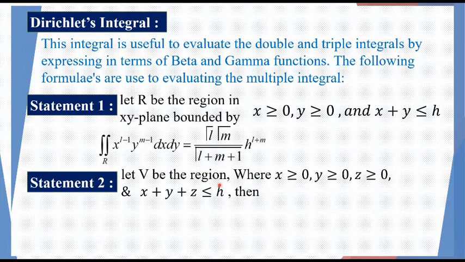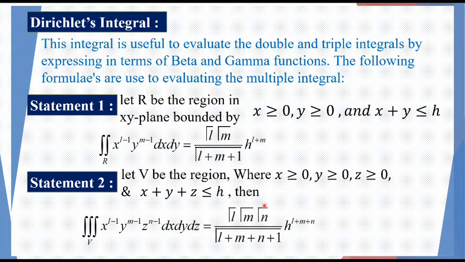Statement 2: let V be the region where x is greater than or equal to 0, y is greater than or equal to 0, z is greater than or equal to 0, and x plus y plus z is less than or equal to h. Then the triple integral over V of x raised to power l minus 1, y raised to power m minus 1, z raised to power n minus 1 dx dy dz is equal to gamma l gamma m gamma n upon gamma l plus m plus n plus 1, h raised to power l plus m plus n.